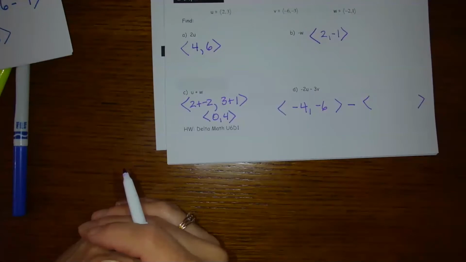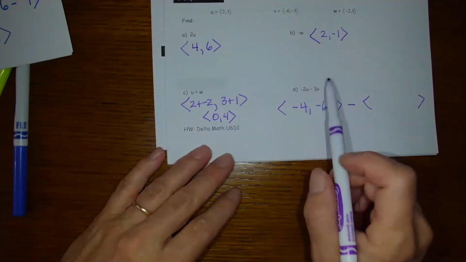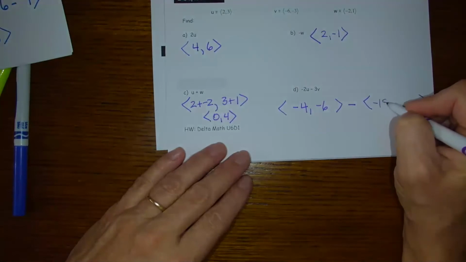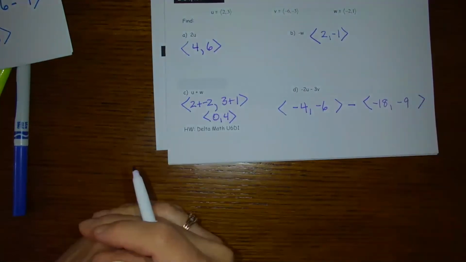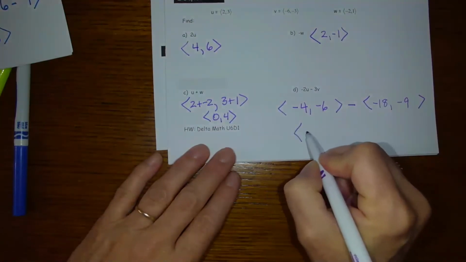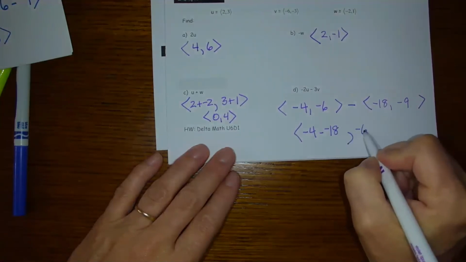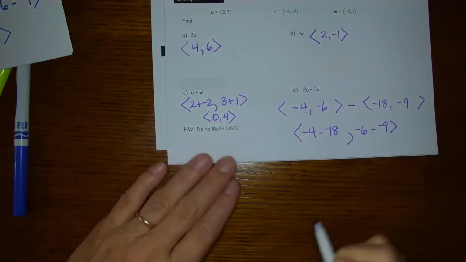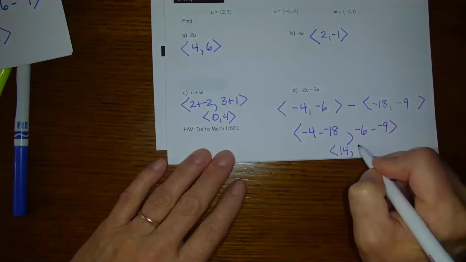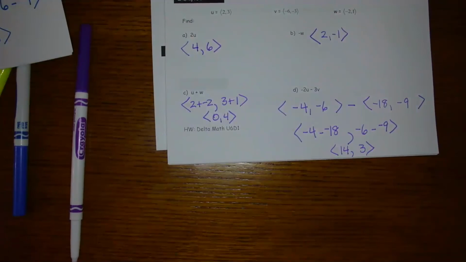Yes. Minus 3 times v. Don't do the negative yet. Just do 3 times v. And that's 18, 9. Right? Now you can subtract. So we have negative 4 minus 18, comma, negative 6 minus 9. And now we can adjust those, right? And you get what? 14, 3. And you have completed your surgery or your operation.